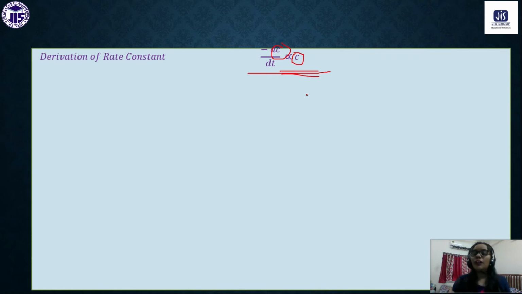So the consumption of oxygen, dC by dt, will depend on how much dissolved oxygen is in our water sample.